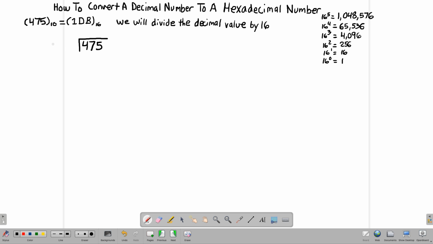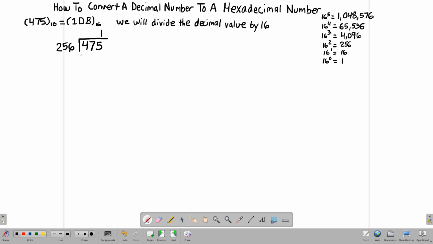So let's see what we get. 475 divided by 256, it will be one time. So let's put 1 here.